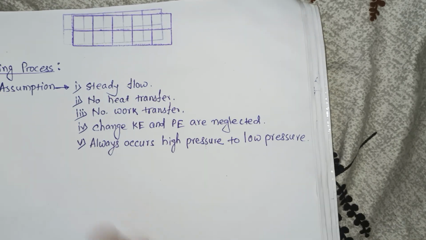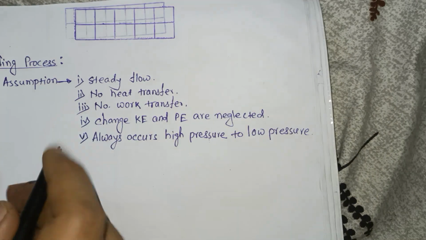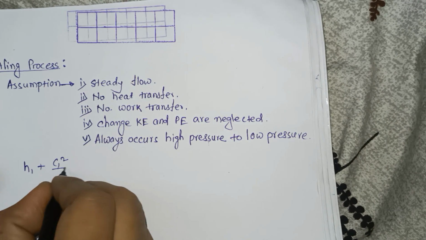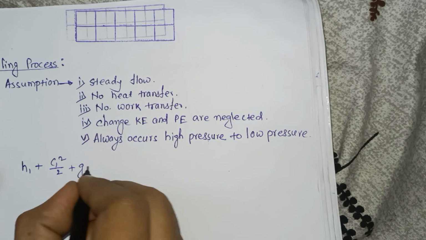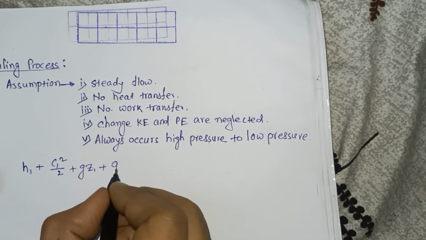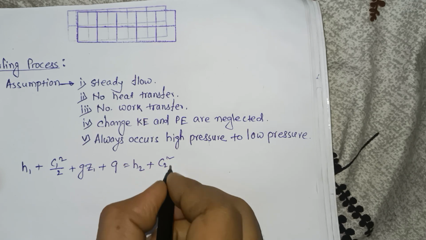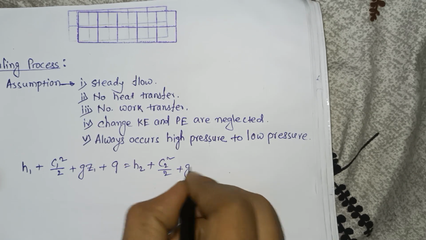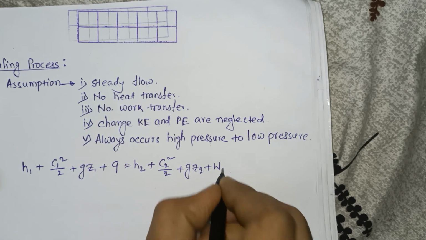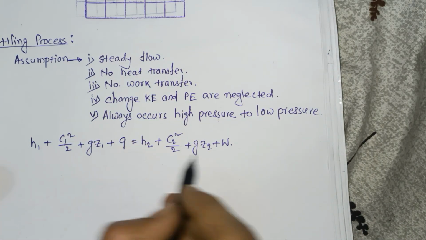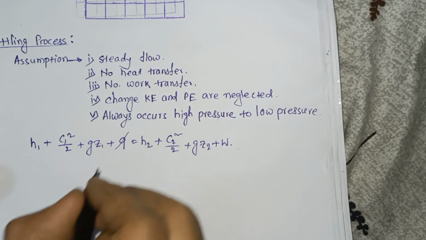Okay. Now apply the steady flow energy equation, that is H1 plus C1 square by 2 plus gZ1 plus Q is equal to H2 plus C2 square by 2 plus gZ2 plus W. So here steady flow, that means this equation is applied. No heat transfer, this cancels out.